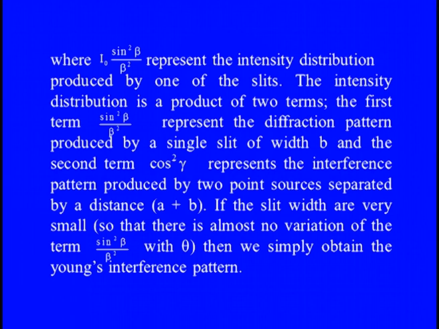If the slit widths are very small, so that there is almost no variation of the term sin²β/β² with θ, then we simply obtain the Young's interference pattern.